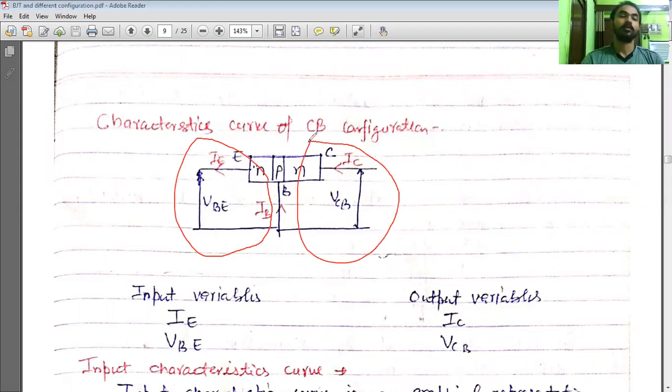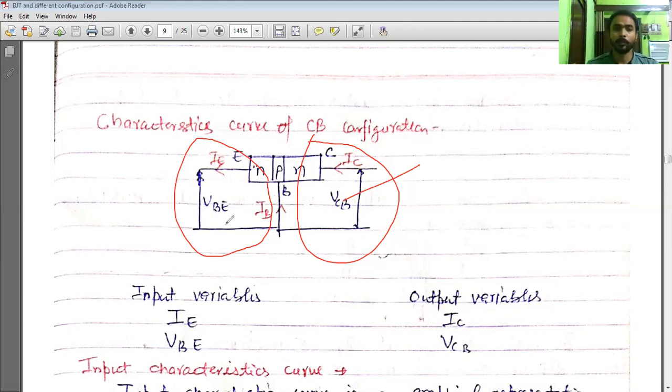So this diode becomes forward biased and this diode becomes reverse biased. The current through the collector-base diode is negligible, practically zero. So the total current comes from this end, the emitter-base region.